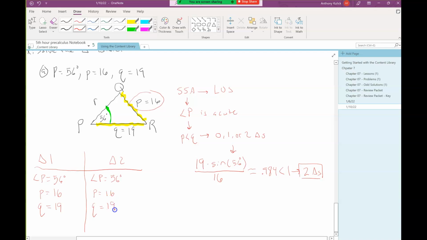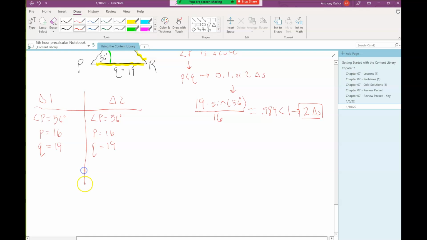So I'm going to make a space to record the answers for both triangles to start. And then I still need to find angle Q. So in triangle 1, I'm going to call that angle Q1. And in triangle 2, I'm going to call it angle Q2, because they're going to be different values. I need to find angle R. So again, I'm going to call that angle R1 and angle R2. And then side R, which I'm going to call R1 and R2.